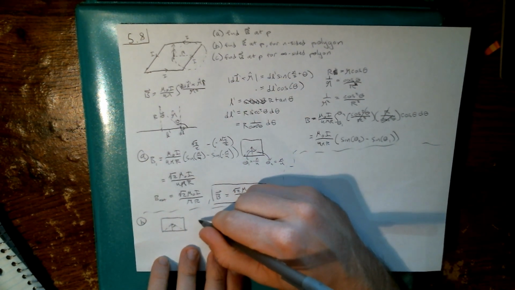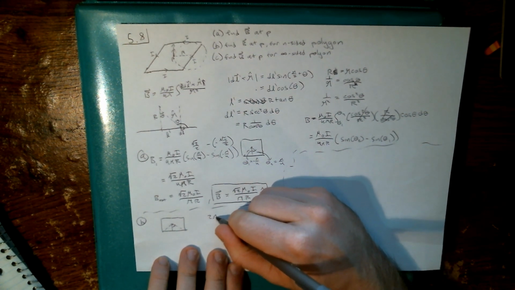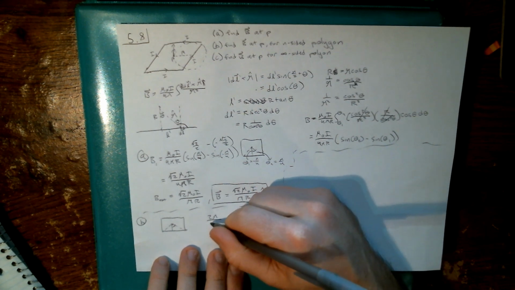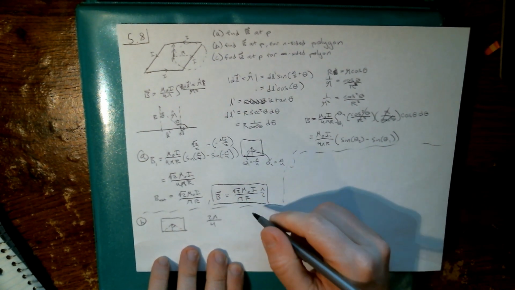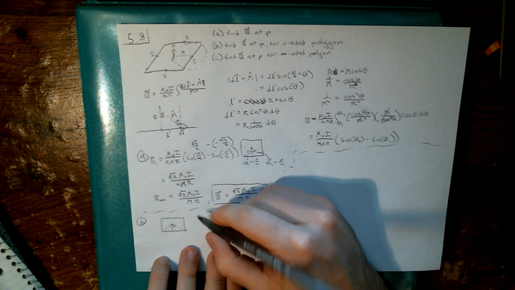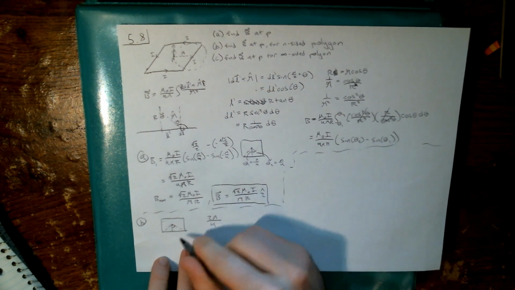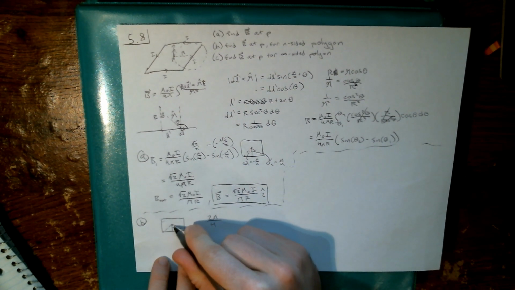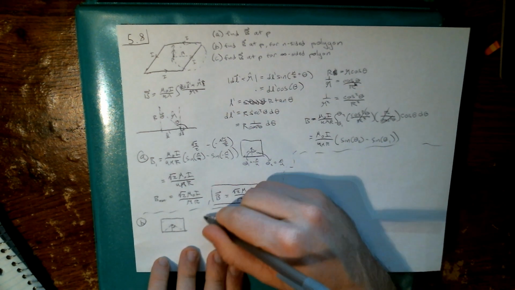And in a square, the total angles add up to 360 or 2 pi. And then each one of these 4 angles is equivalent, and so we divide by 4 to get, in a square, that's 90 degrees, or pi over 2. But this angle that we use here is going to be half of this angle because it is bisecting it.